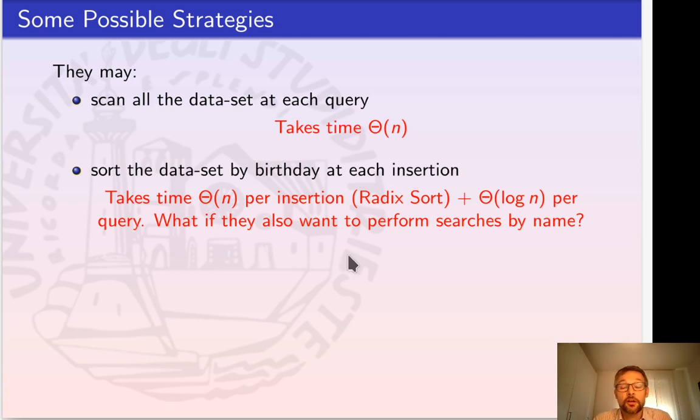Well, the time required to sort the whole array, of course, is theta of n per insertion, and this is because we can apply radix sort on the birthday date, and then applying dichotomic search takes theta of log n.